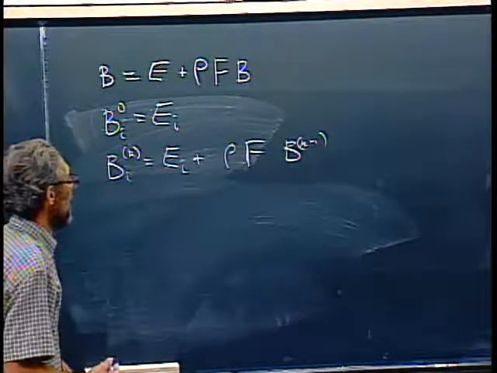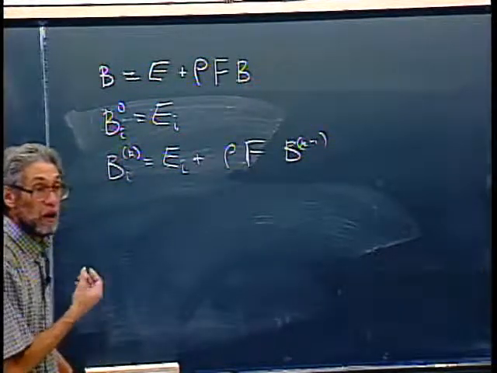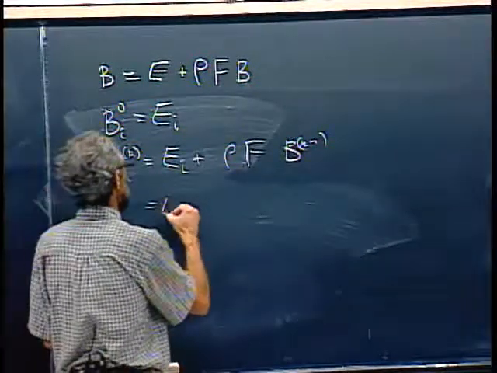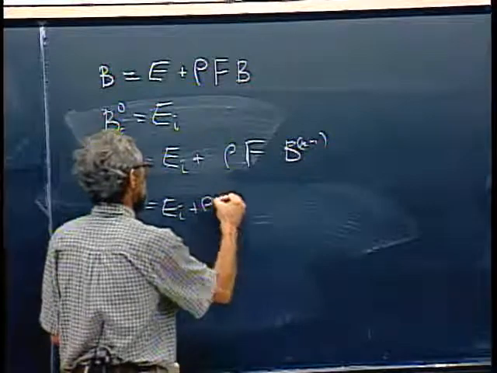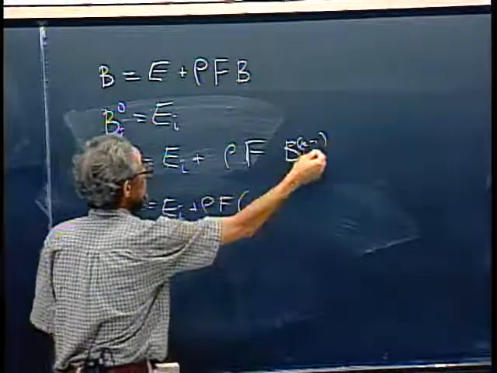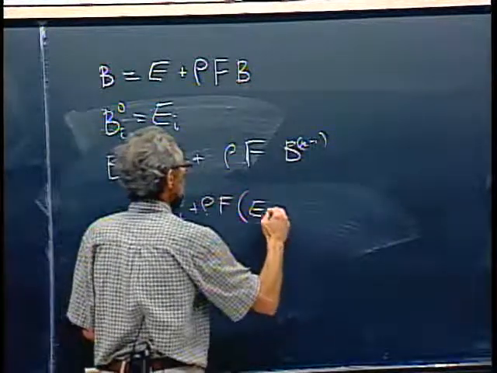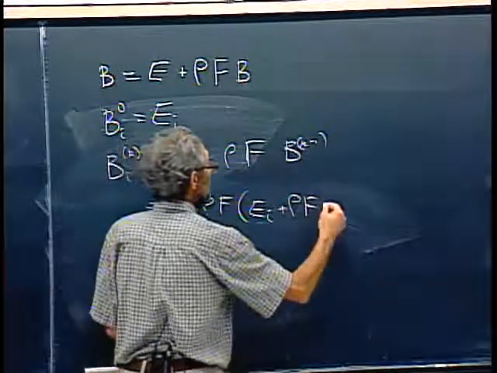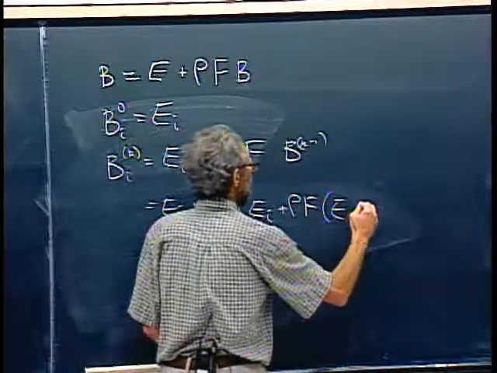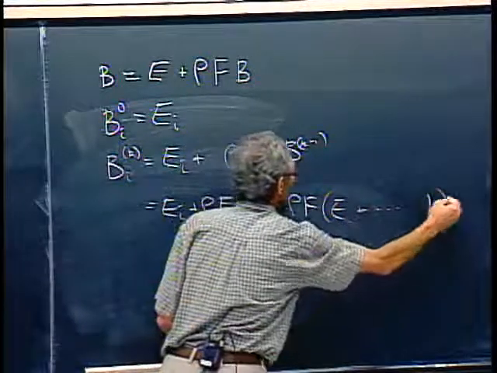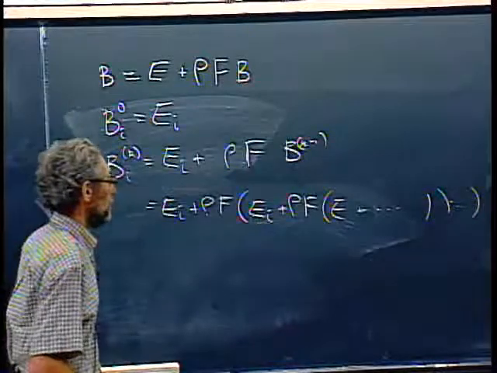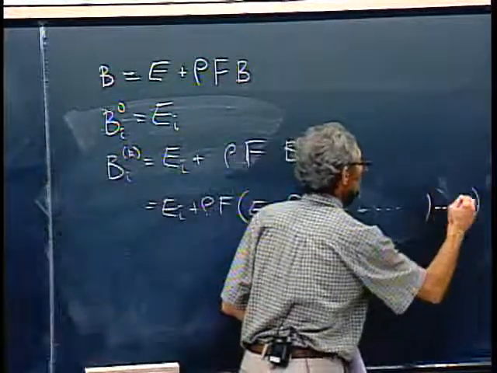So if you do that iteration enough times, you are going to get n terms of the series, right? Because this is going to look like EI plus rho f times the next one, which was EI plus rho f. If you substitute again... I guess my dots should be here rather than here.